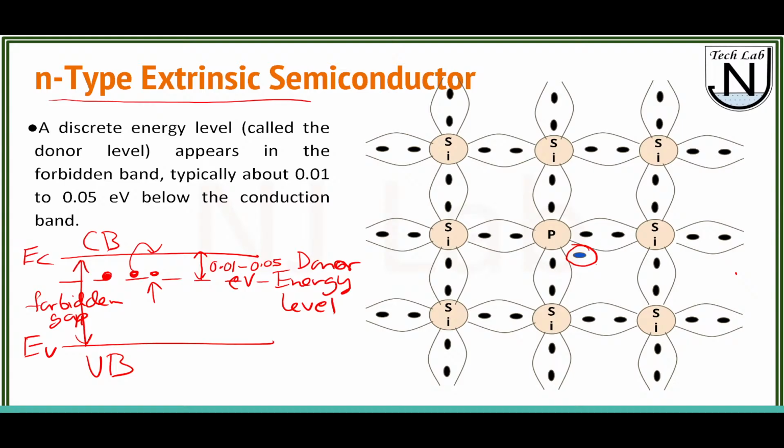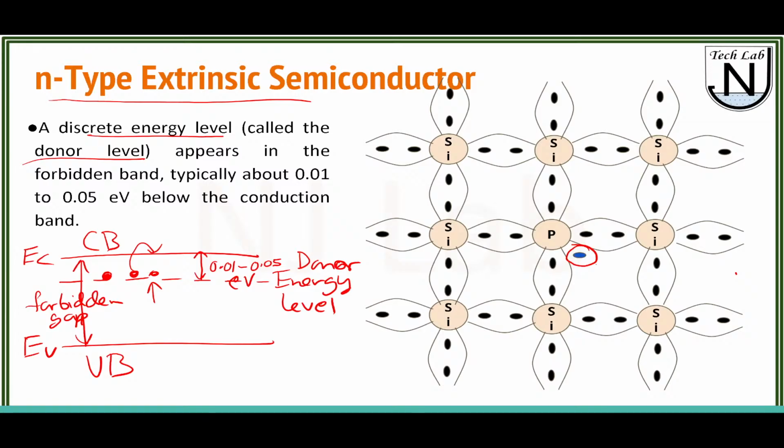So by adding the pentavalent impurity, another discrete energy level, which is the donor energy level, is formed within the forbidden gap, and due to this energy level, easily these free electrons can come to the conduction band.